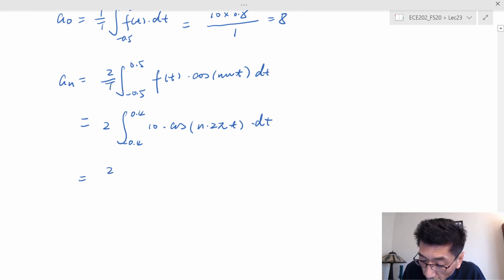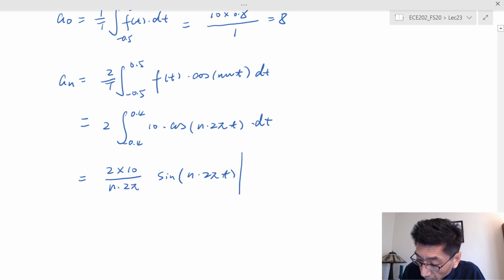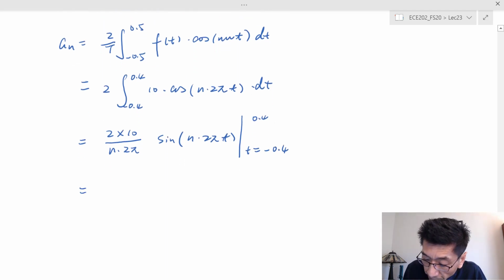So I move 10 outside, and then I divide by n times 2 pi, and then I have sine of n times 2 pi t, and I evaluate t at negative 0.4 to 0.4. Therefore, I have a 2 canceled here.